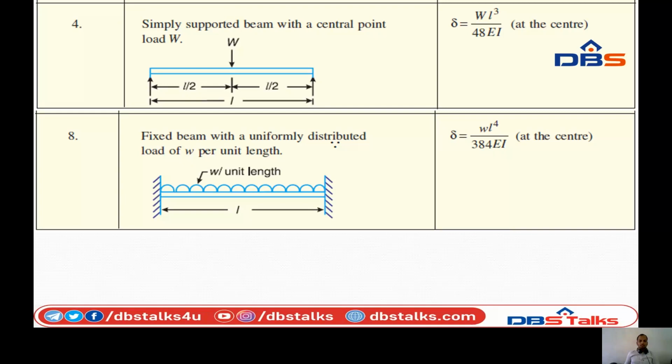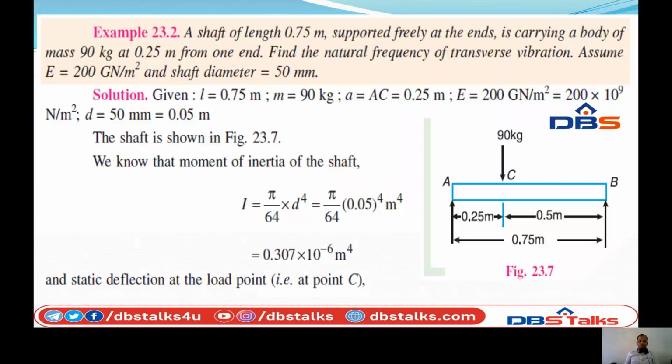So here the simply supported beam has a length of 0.75 meters. In the question, the length is 0.75, and half of the length is 0.375.